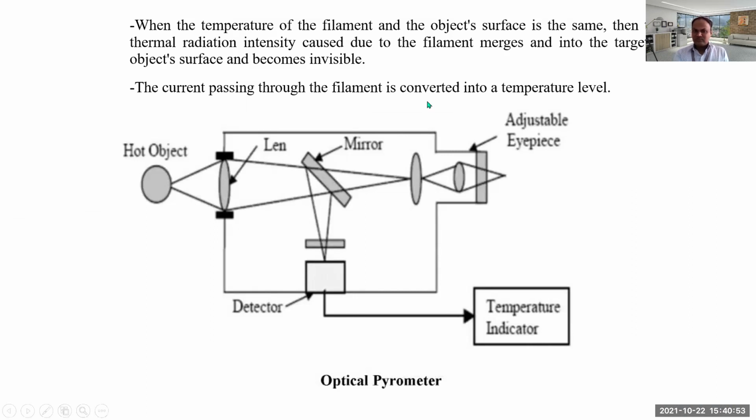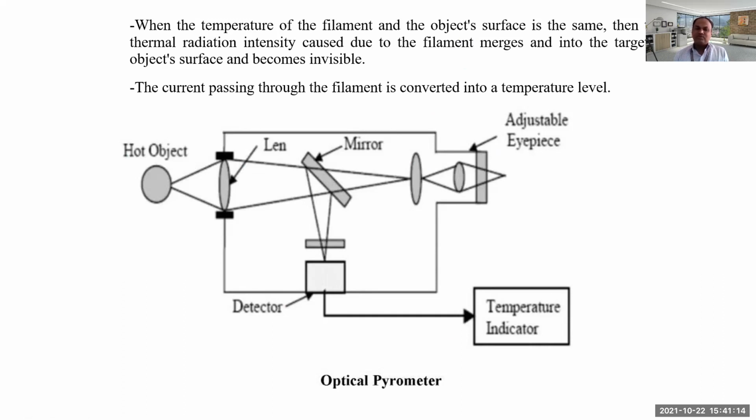The current passing through the filament is converted into a temperature level. Now you can see here the hot object, lens, mirror, and adjustable eyepiece is there. This is the temperature detector and this is the temperature indicator.